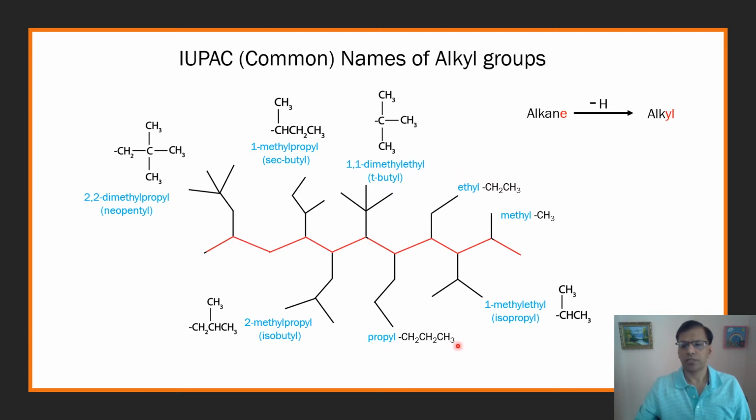They are all straight chain alkyl substituents, whereas these are all branched chain substituents. The common name is in the parenthesis, so t-butyl is the common name, and the IUPAC name is 1,1-dimethylethyl. This carbon atom is attached to the parent chain, and there are two methyl groups attached to this carbon, and this carbon atom is numbered 1, and so it's called 1,1-dimethylethyl. So C and CH3 is the ethyl.